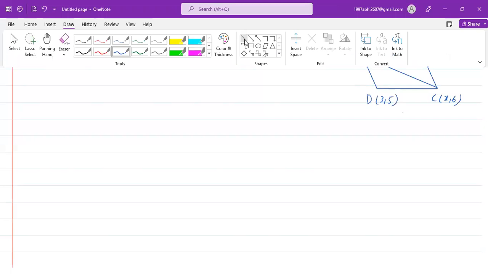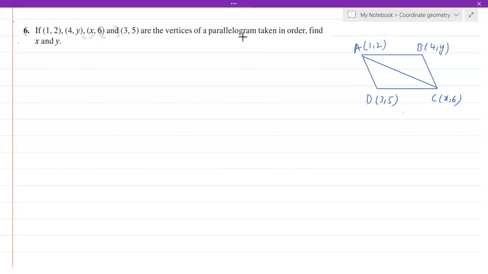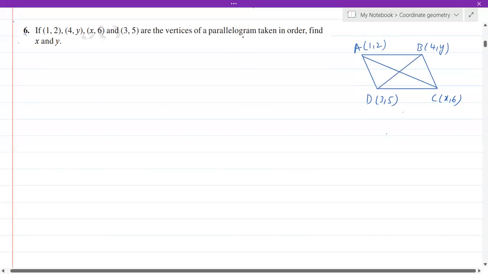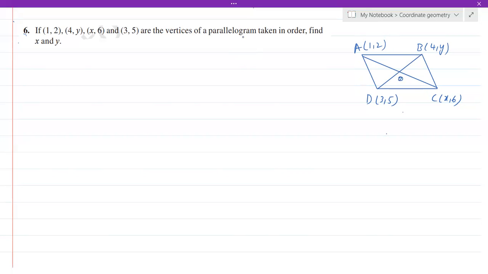Let's draw the diagonals of the parallelogram. Okay, so let's say this point is O. Remember, we know that the diagonals of a parallelogram bisect each other, isn't it? So diagonals, very important.